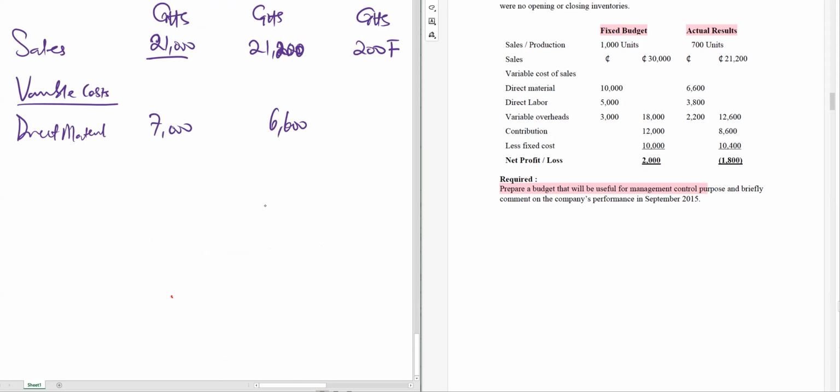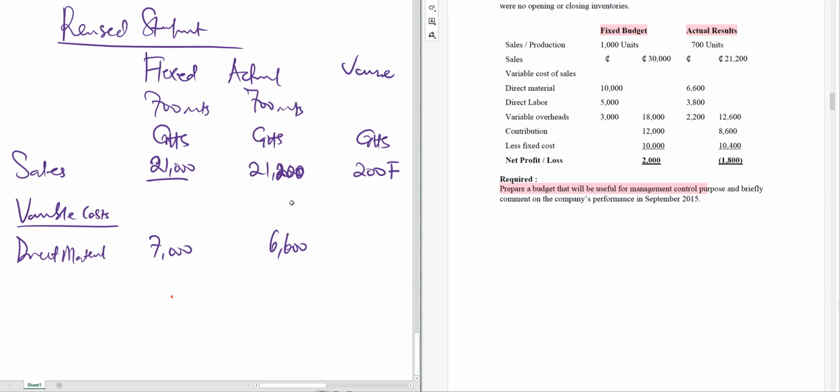So see, we plan to spend 7,000, but we spent 6,600 for material. Have we lost or we have gained? Remember, we are comparing the flex, this is the revised budget, to the actual.